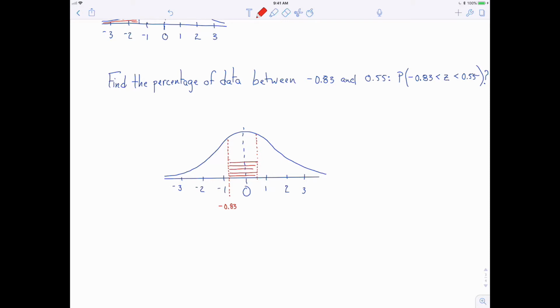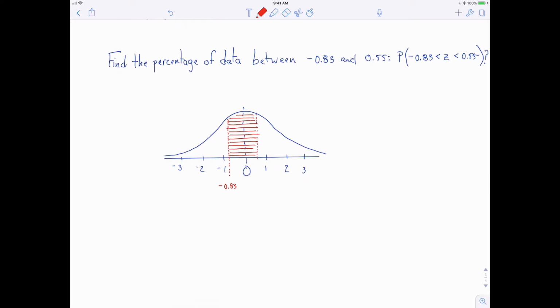Now we're going to use a few colors here, and you'll see why. So first off, let's look up negative 0.83. So let's all make a note of this. For z equal negative 0.83, the area is, and then we're going to fill that in.